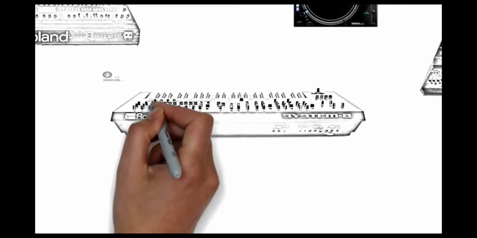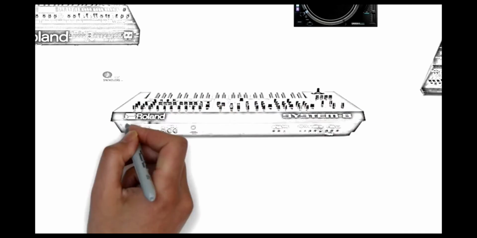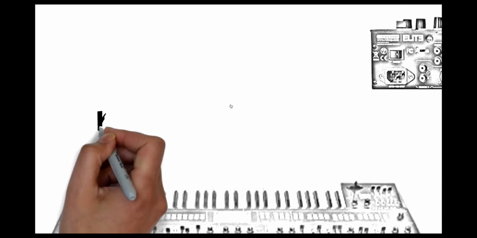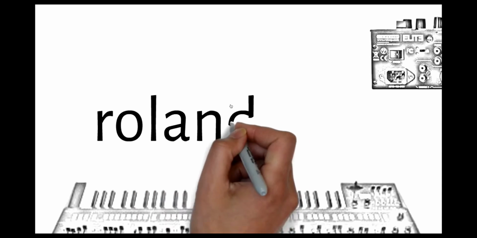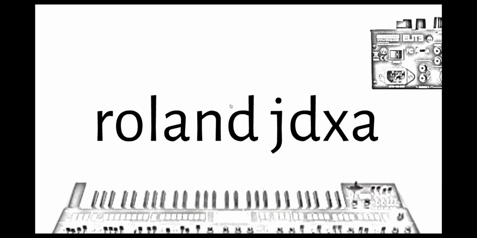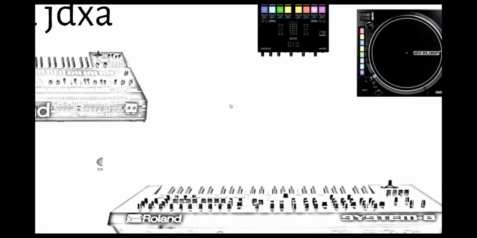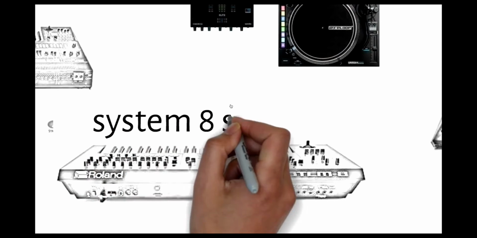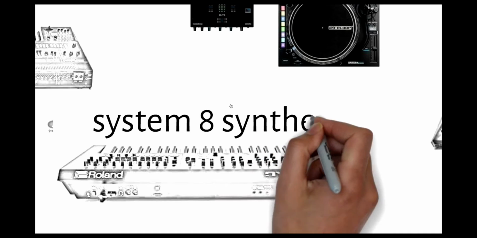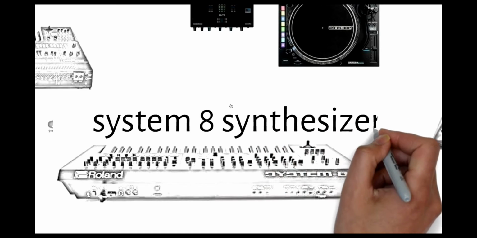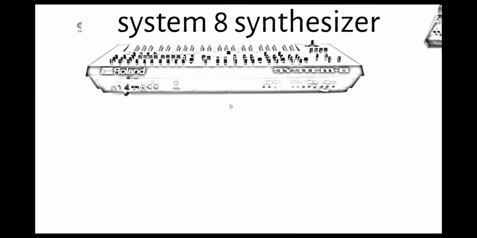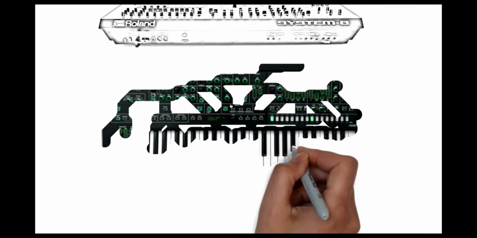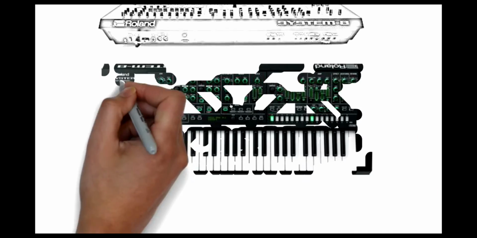Its parameters are very vast, and they are again linked to supernatural sounds, which can also be sound banks shown on the Integra 7 by Roland. The JDX-A is an expansion of the JDX-I, and it contains many parameters like drum sequencers, effects processing on board, and the System 8 is much like that of its predecessor.